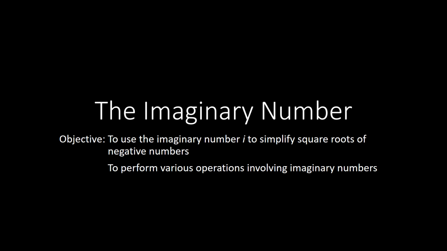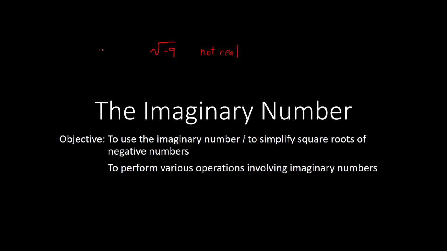And then recently we have learned that the square root of a negative number, such as the square root of -9, for example, we have said that it would be a not real solution. That is not real because we cannot take the square root of a negative number and get a number back out.